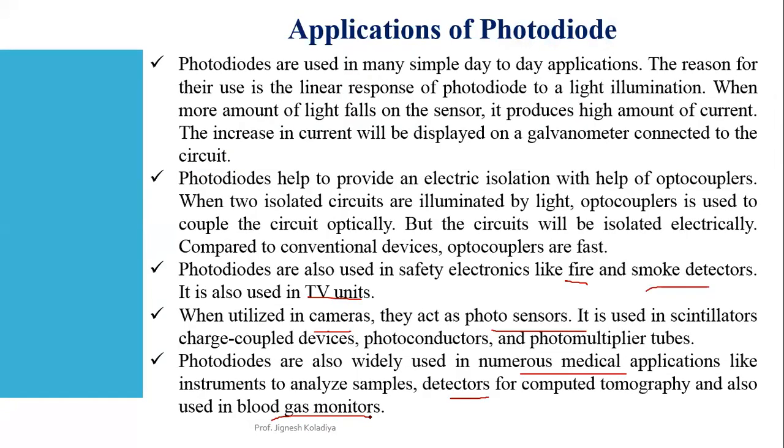Let me just repeat all the applications. First, when more and more light falls on the sensor, it produces a high amount of current, so this will increase the current. Photodiodes help to provide electric isolation with the help of optocouplers.